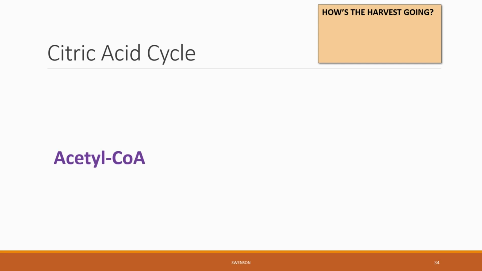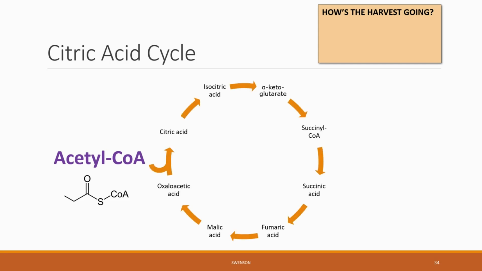And here's a closer view of what this cycle looks like. This one will show a little bit more detail, but remember, we're going to be interested in the starting material and the end materials. That's the important thing to pay attention to here.